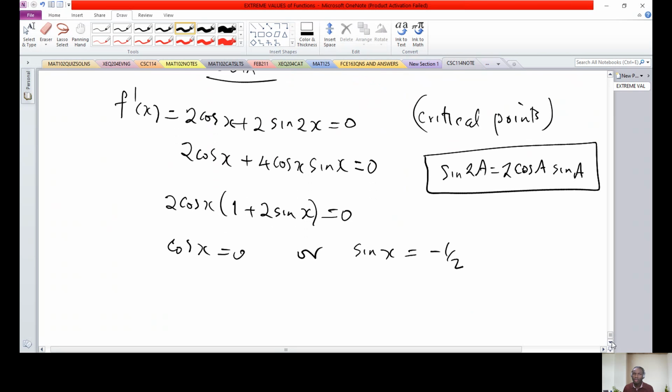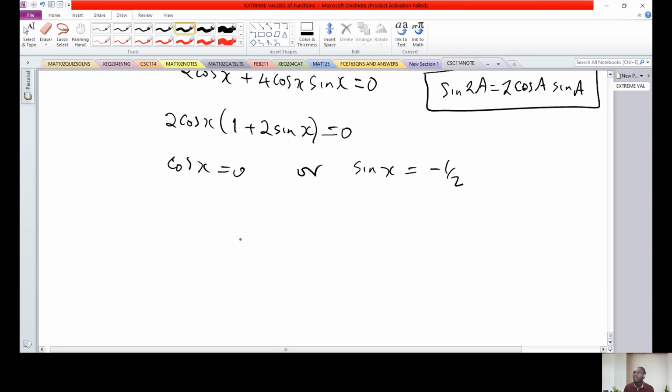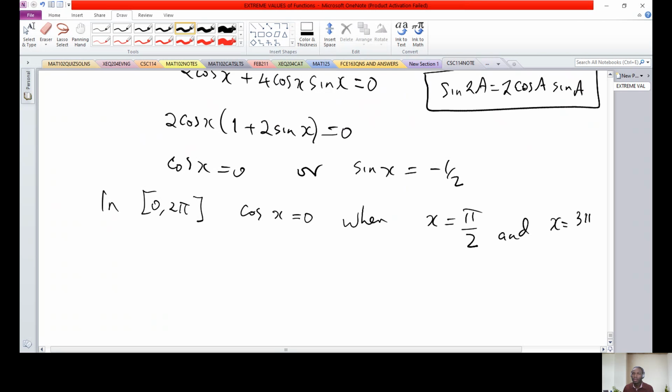Now, when we solve these two equations, in the interval 0 to 2 pi, cos x equals 0 when x equals pi over 2, and when x equals 3 pi over 2.